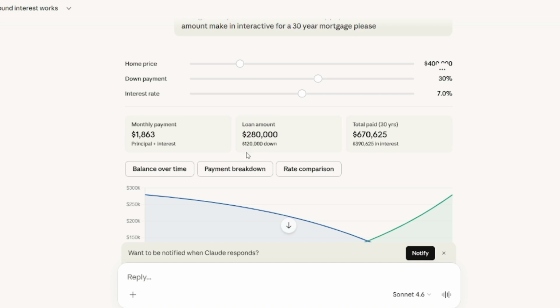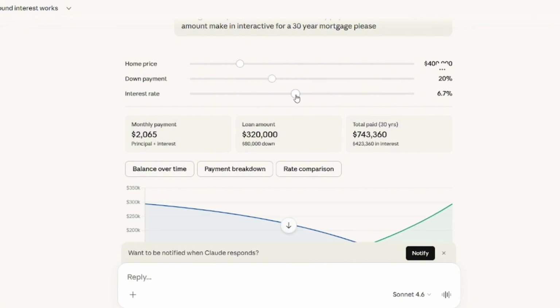You can do a 15 or 10-year mortgage, but playing around with these numbers definitely helps you visualize if you have a 7% interest rate or a 6%, 5%. Even if you were in the pandemic times or pre-pandemic when there were like 2% interest rates, you can see how that price affects you.